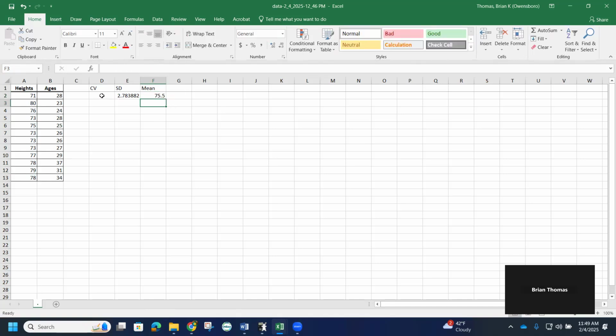Now the coefficient of variation is going to be the standard deviation divided by the mean. So this is going to be the coefficient of variation of the heights, if you will. So what I can do in this box is hit equals, and I can divide the standard deviation by the mean. So that's going to be E2 divided by F2, which should give me my coefficient of variation for the height.